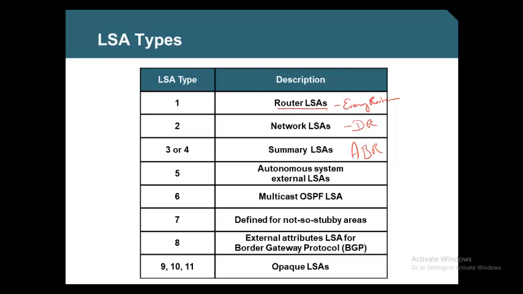Why summary? Why have they given the name summary LSA? Can anyone answer this? Why did they give type 3 and type 4 the name summary LSA? Why can't they say some other name?